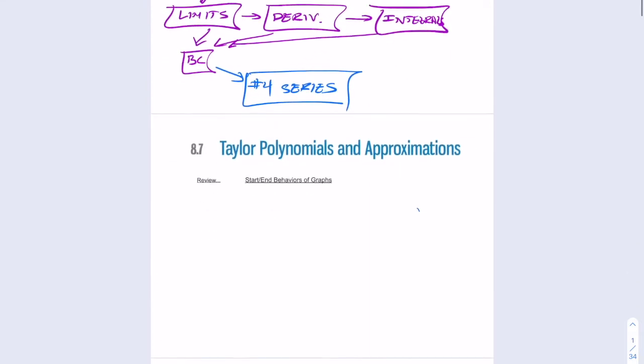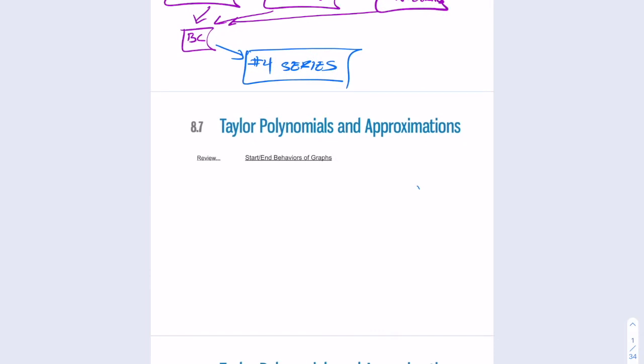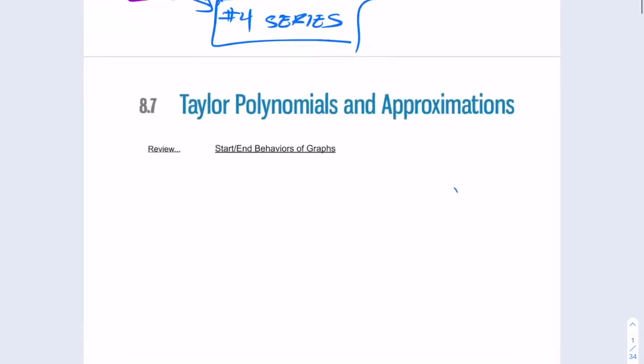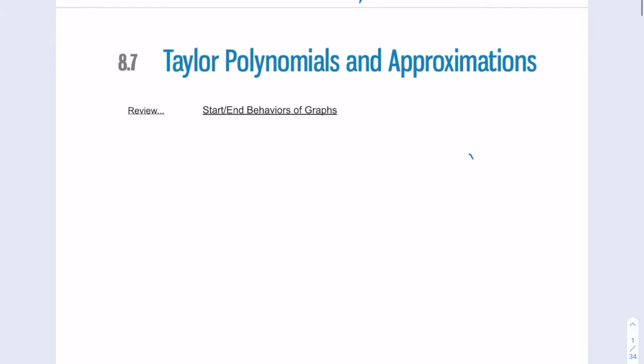Just a little bit of a review before I jump into Desmos with you, okay? Recall back in pre-cal or integrated math 3, and it's okay if you forgot. Functions with even degrees and functions with odd degrees all behave the same way.